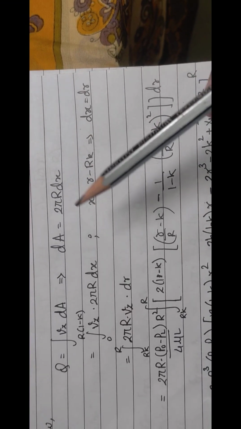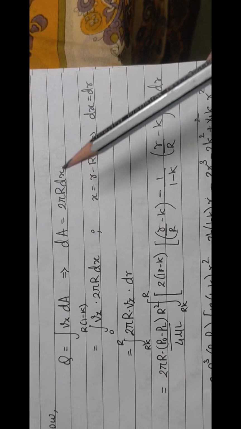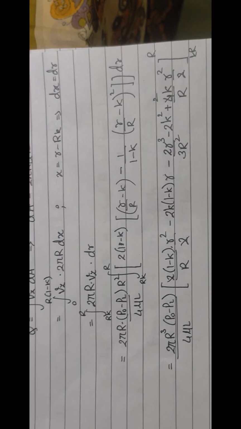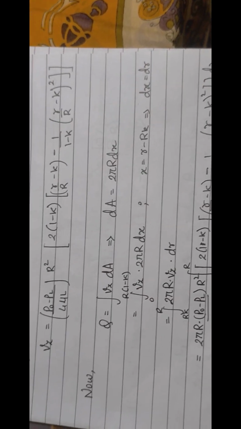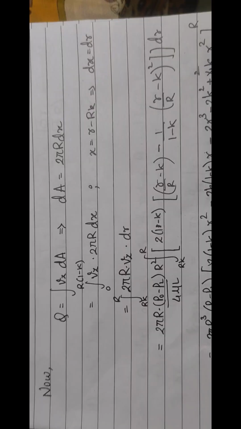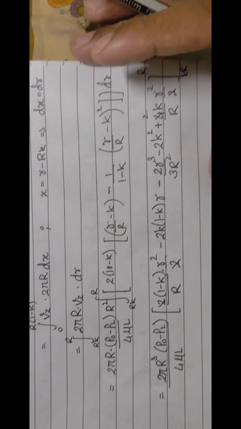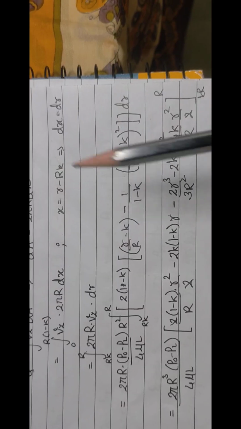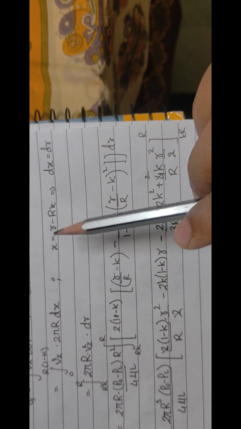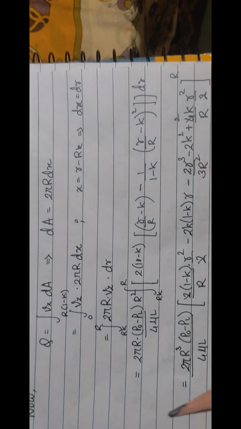So for elemental area, dA is equal to 2 pi r dx, where x was the distance from the inner shell to the outer shell. Now solving and integrating this, x is again substituted as r, x is equal to r minus rk, where if we differentiate it, dx is equal to dr.